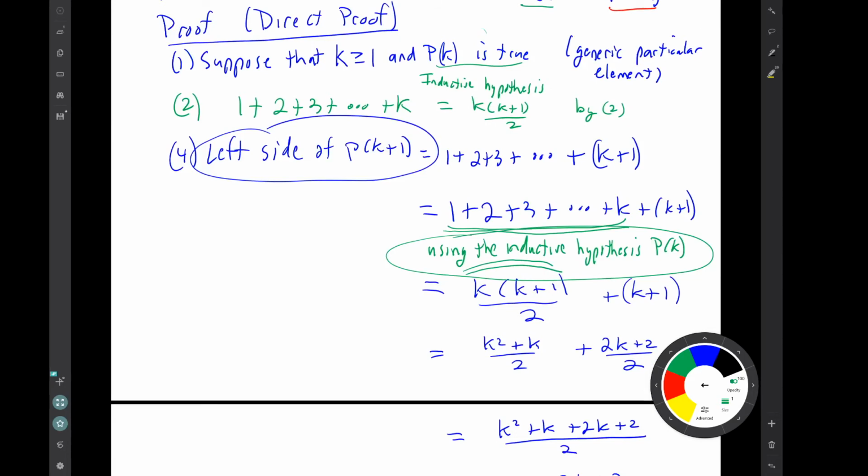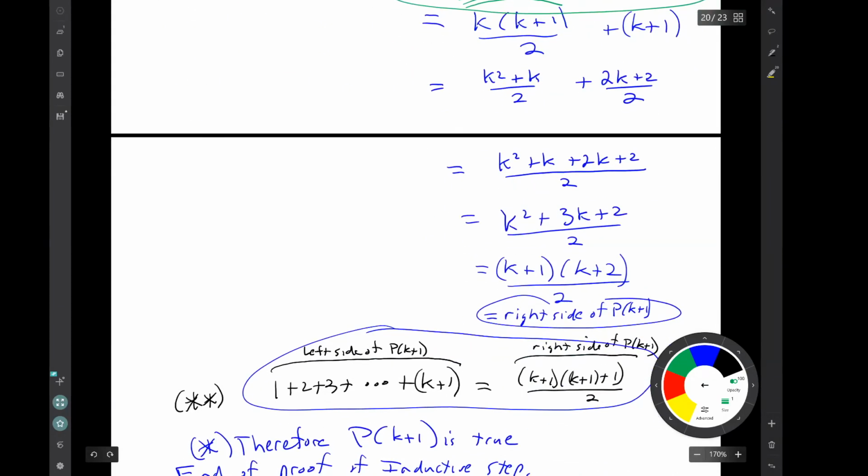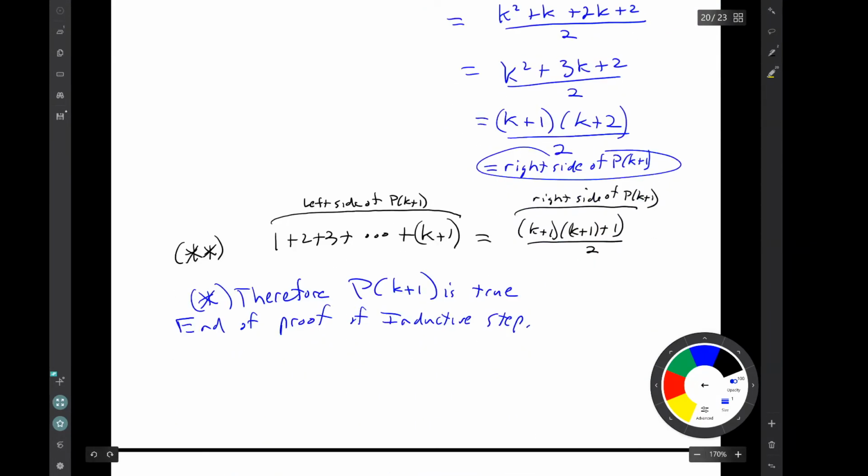We just assumed that it's true. We said suppose it's true. If it is true, then P(k+1) is true. So we have shown that therefore P(k+1) is true. But again, we only did this contingent on the idea that P(k) is true. We said if P(k) is true, then P(k+1) is true. So that's the end of the proof of the inductive step.